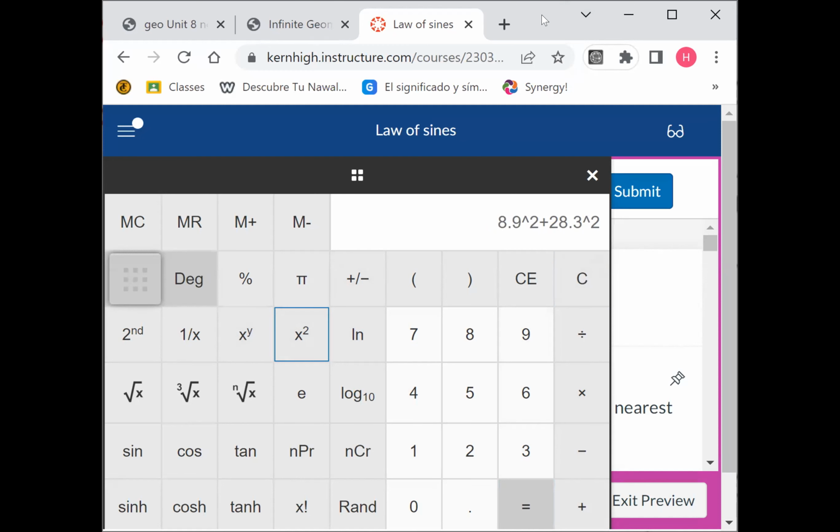I don't think it's going to let me type in the whole thing, so I'll go equals, minus 2 times 8.9 times 28.3 times cosine of 44.4.